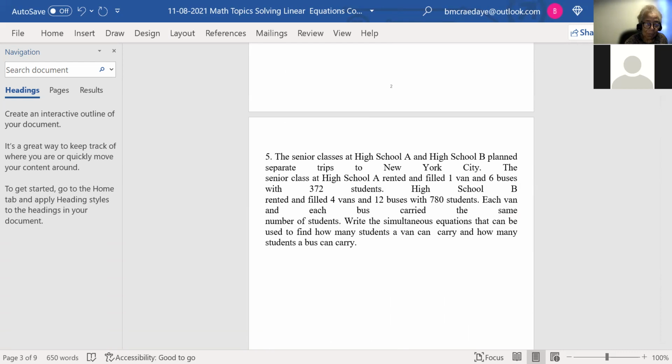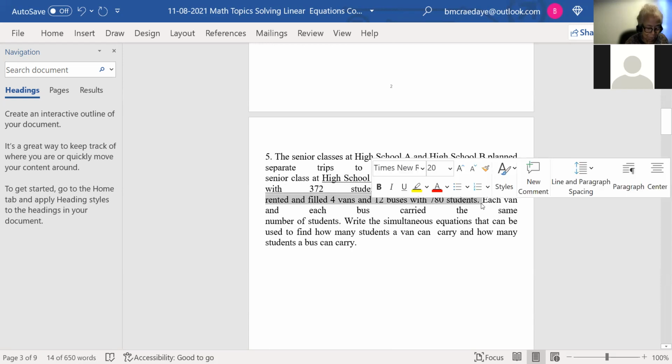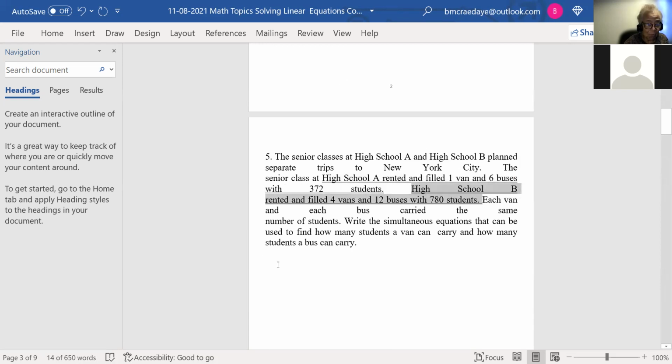So you have two high schools. High school A rented 1 van and 6 buses with 372 students. I say let A be high school. All right, let's put what you put. Your variables: what is A equal to?